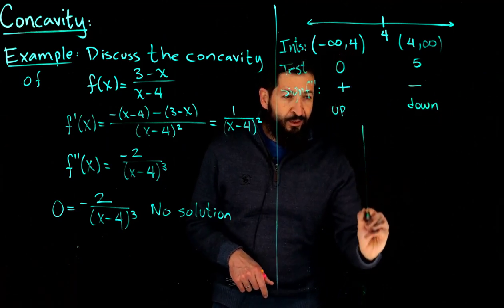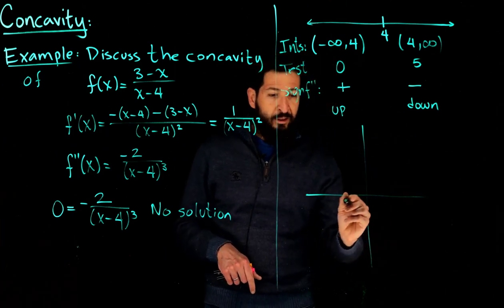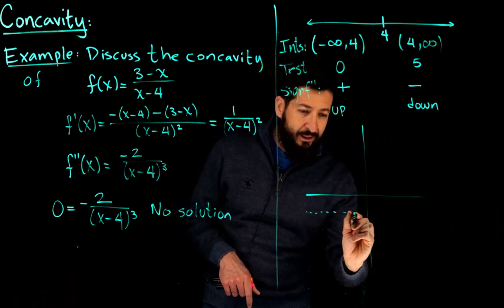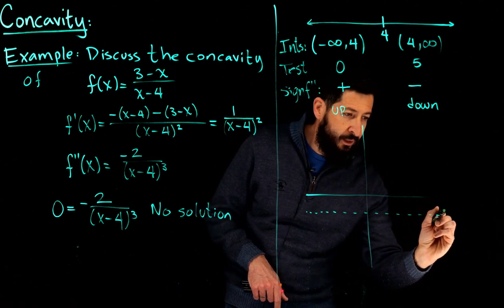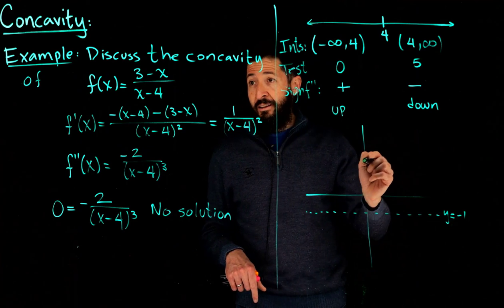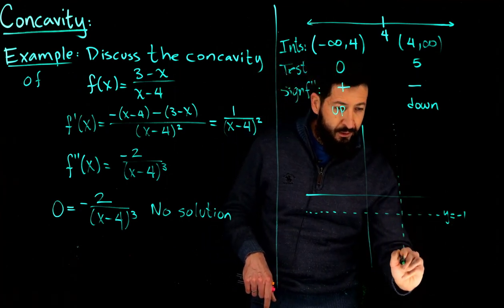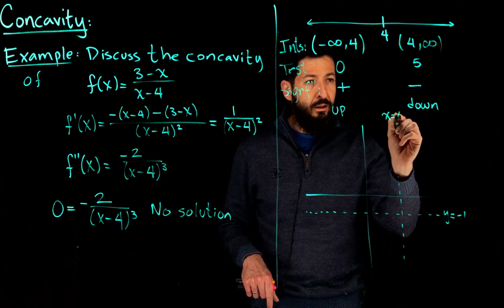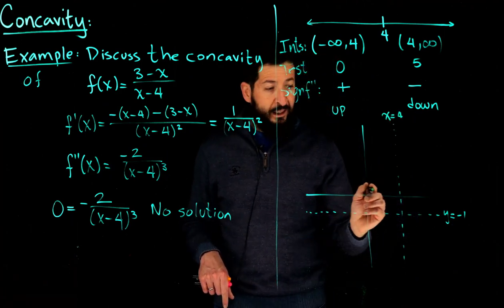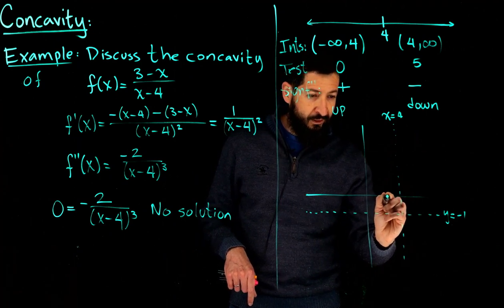And the graph of this function is going to be something like this. You'll have a horizontal asymptote at negative 1. You're going to have a vertical asymptote at x equals to 4, say somewhere here. You have an intercept at x equals to 3. So let's say here.